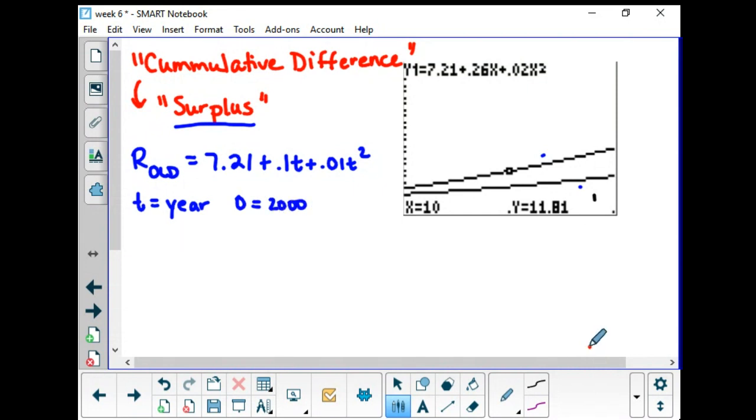Okay, so we're figuring that based on different things, the amount of revenue we can expect to bring in a particular year, T equals whatever, would be calculated by this. And that is that model right there.